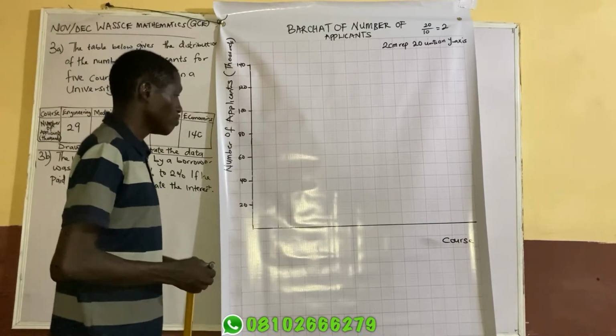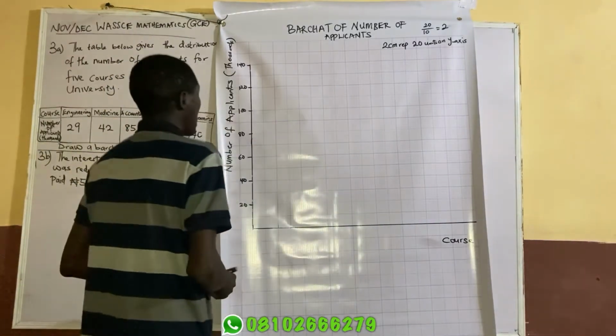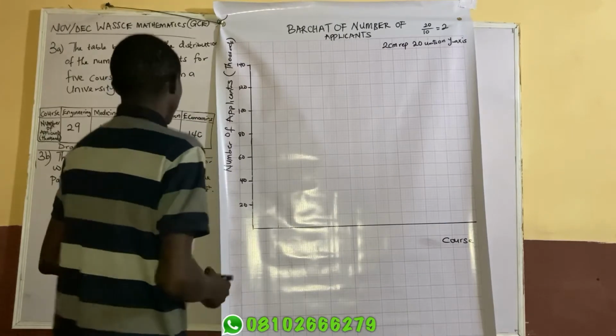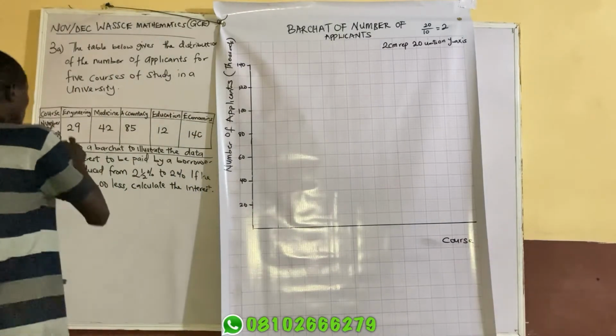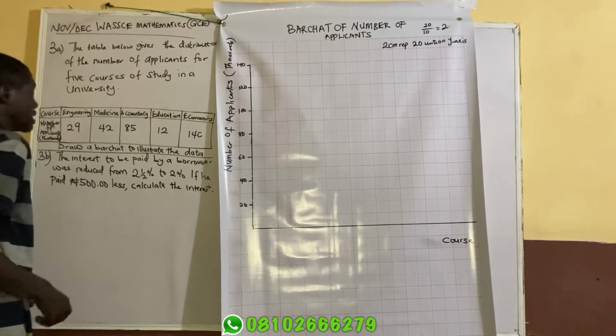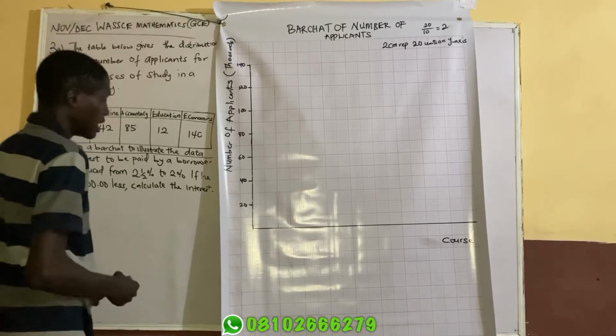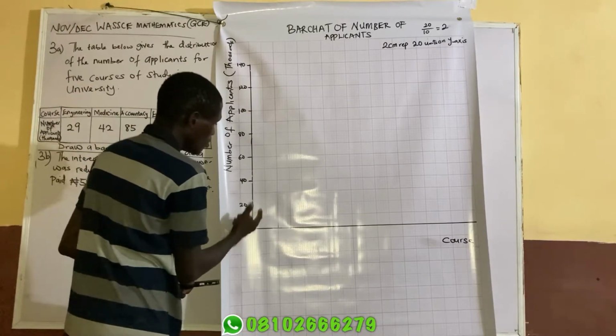Now we have our horizontal axis, which is the course they applied for. Now let's try and plot the values. The first one is 29,000 applicants for engineering.